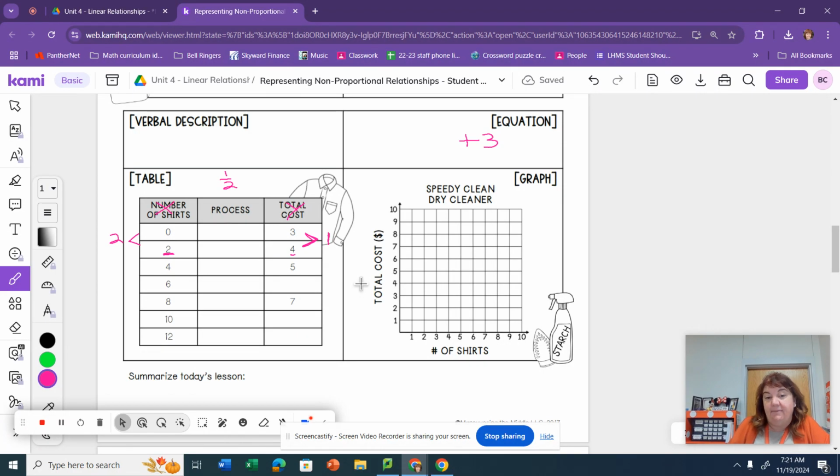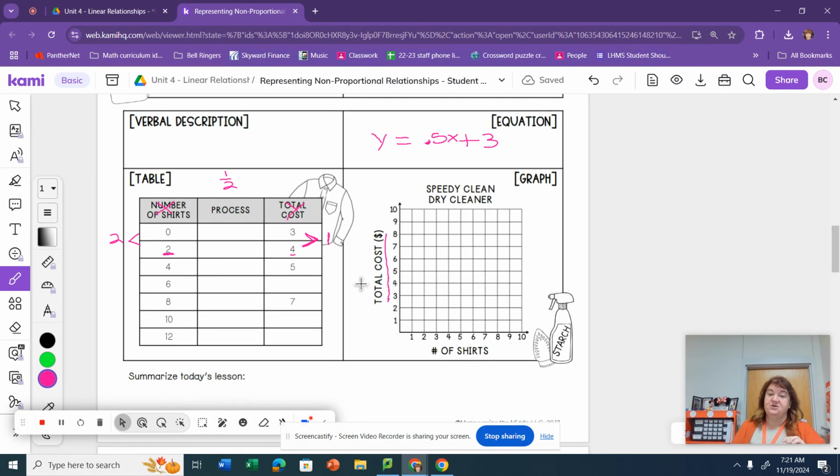But we're talking about money, so we don't talk about half a money. What do we call that? We call that 50 cents. So our change is 50 cents. There it is. So Y equals 0.5x plus 3.